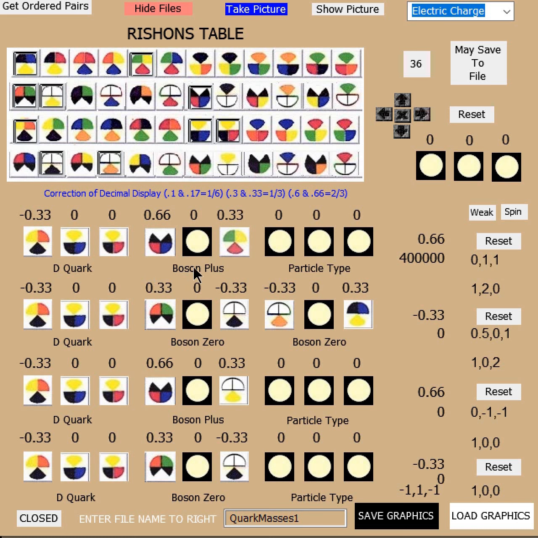That 2,000 units times 200 will give us 400,000 electron units for the mass of the top or T quark.